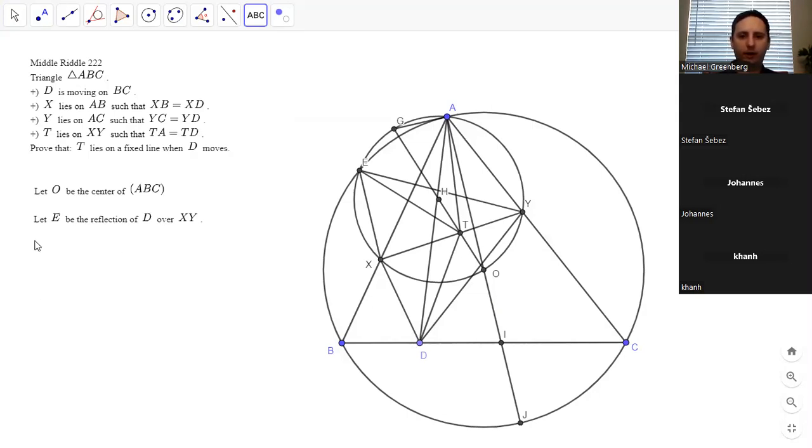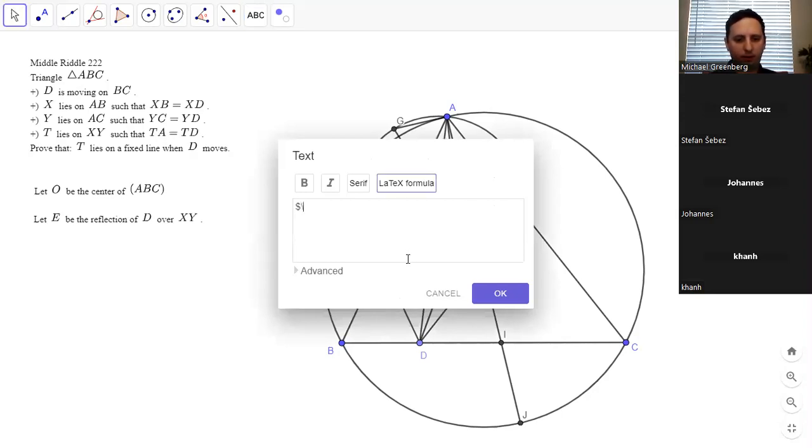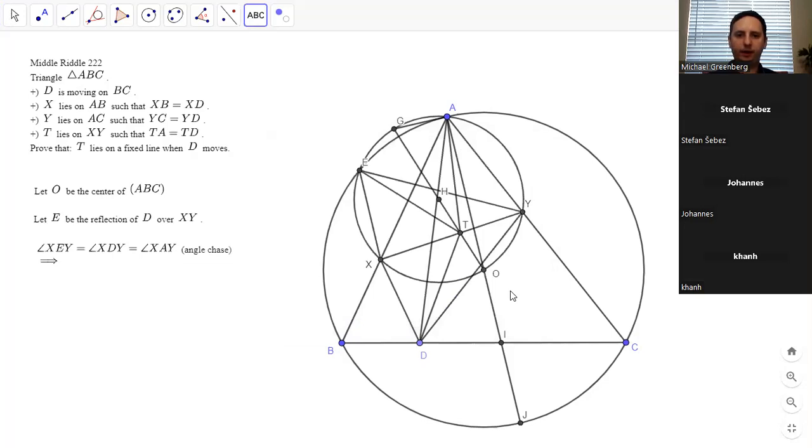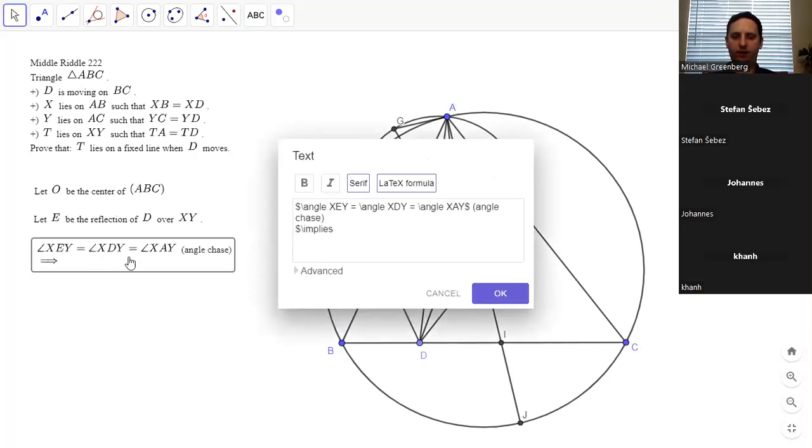So angle XEY equals angle XAY. And that means that AEXY is cyclic.